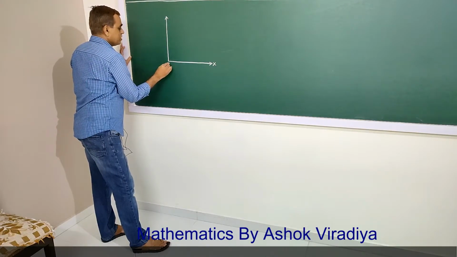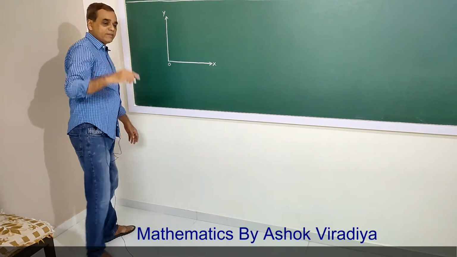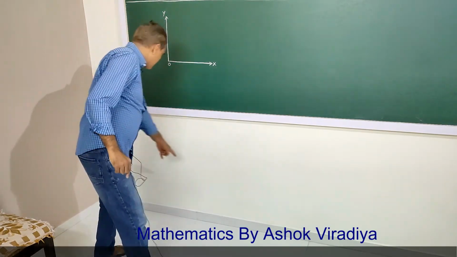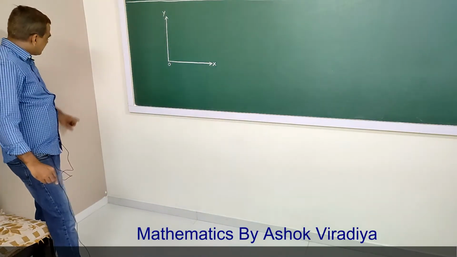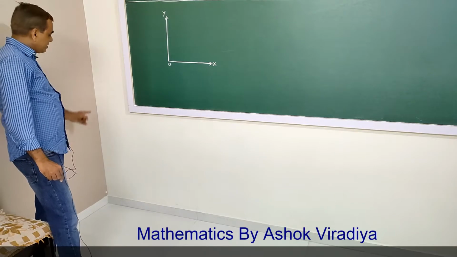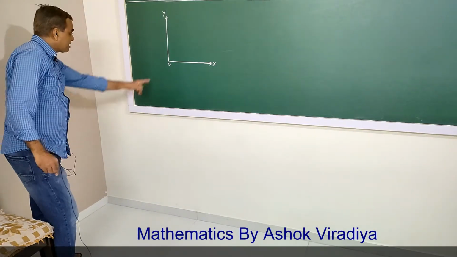This is origin. You can imagine this line as x-axis, this line as y-axis. This is OX, this is OY, this corner is at origin.